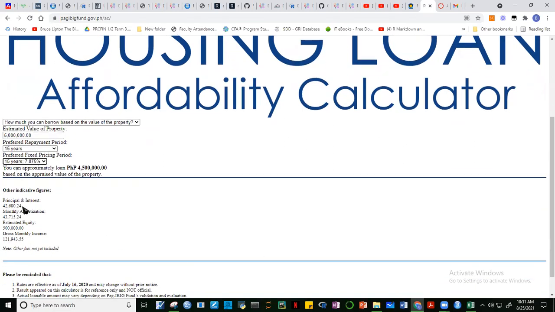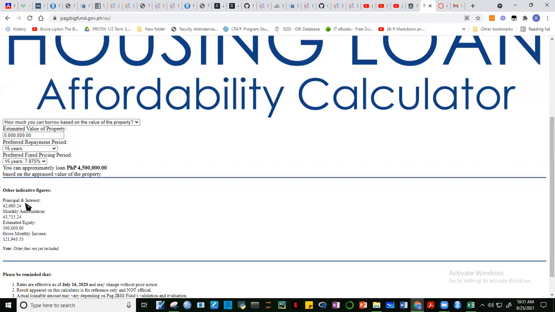Ito principal interest 42,680. Okay, monthly amortization 43,715 kasi may mga dinagdag pa diyan. Sabi dito ni Pag-ibig dapat ang gross monthly income mo 121,943. So for you to be able to loan 5 million tapos yung equity is 500,000, dapat daw may monthly income na gross na 121,943.